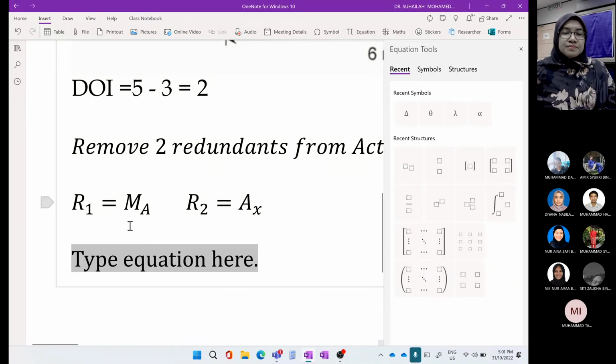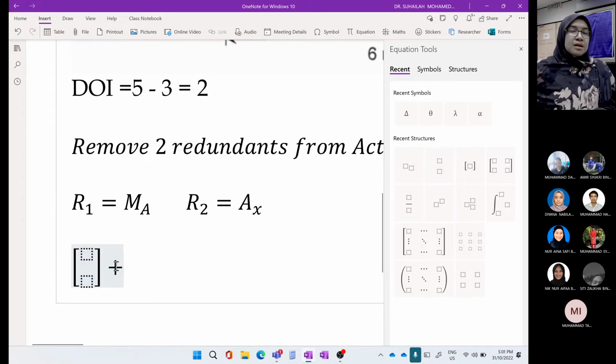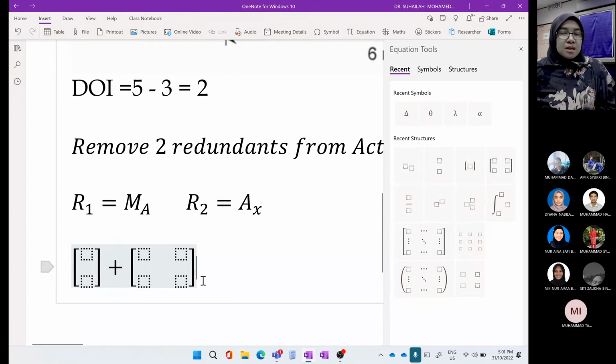Okay, so there are two displacements in the primary system, plus the displacements in the two redundant systems. Okay, we have two redundants.